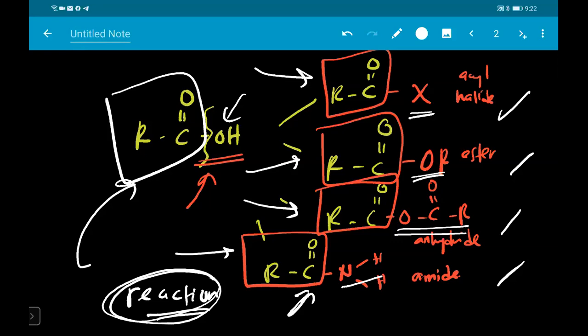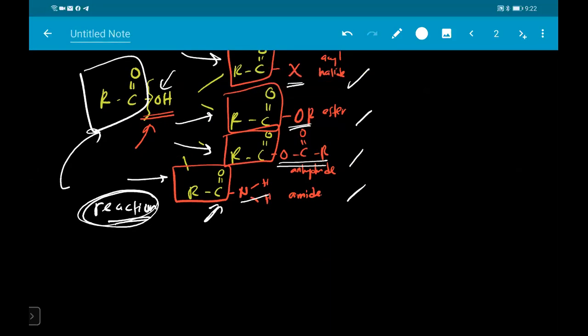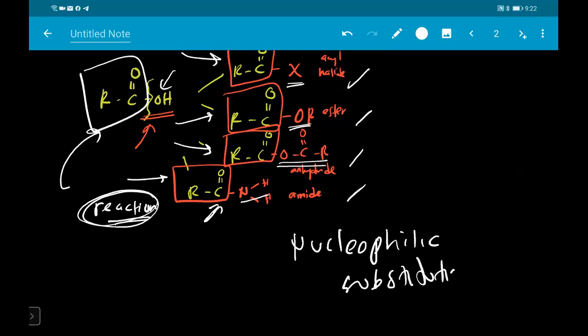That's the general part. Right, I'm highlighting this because we're going to discuss about the reaction, okay, what we call as nucleophilic substitution reaction. Right? Actually, we already have a video on this.